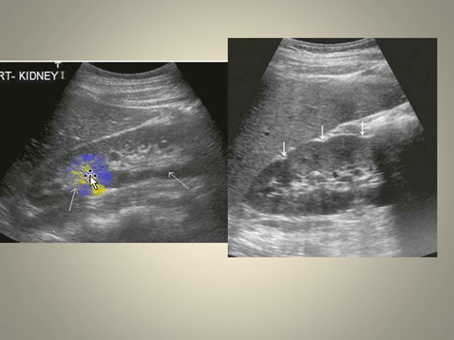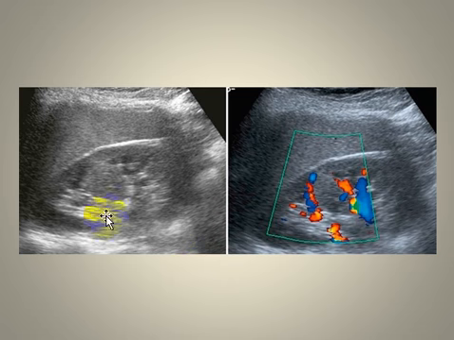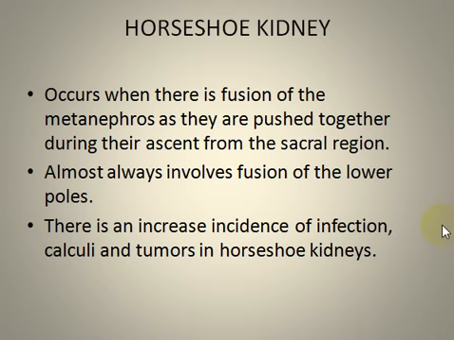Here we see duplication of the renal system, and here we see the normal variant of fetal lobulation. Here we see columns of Bertin hypertrophied or prominent columns of Bertin, and it is also a normal variant.